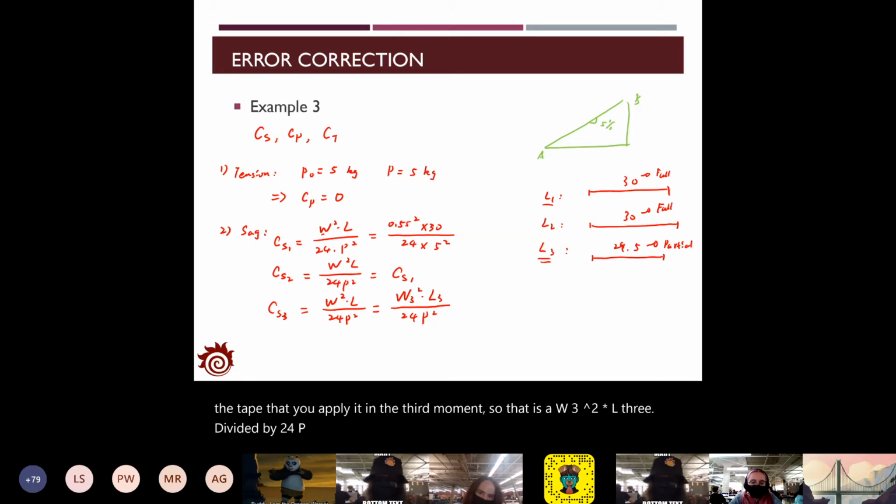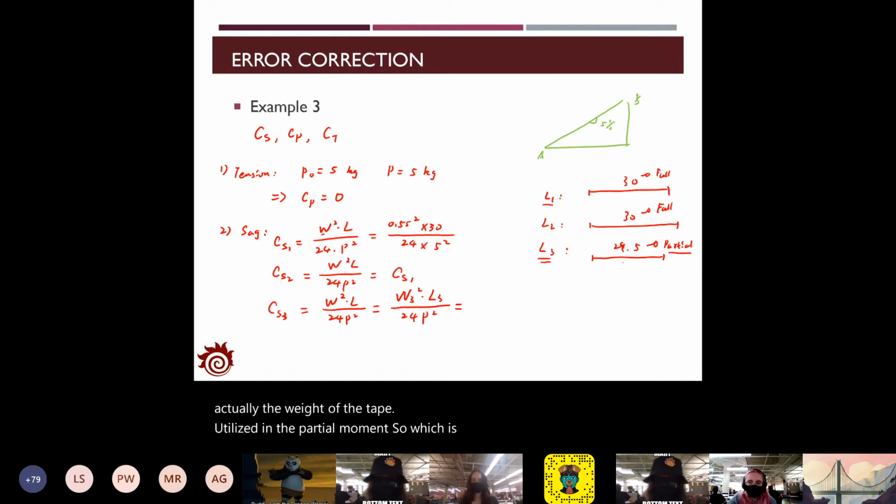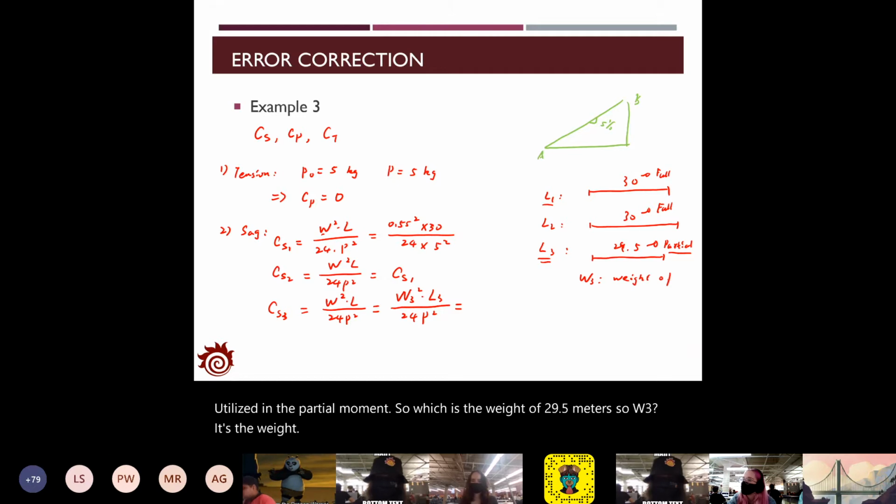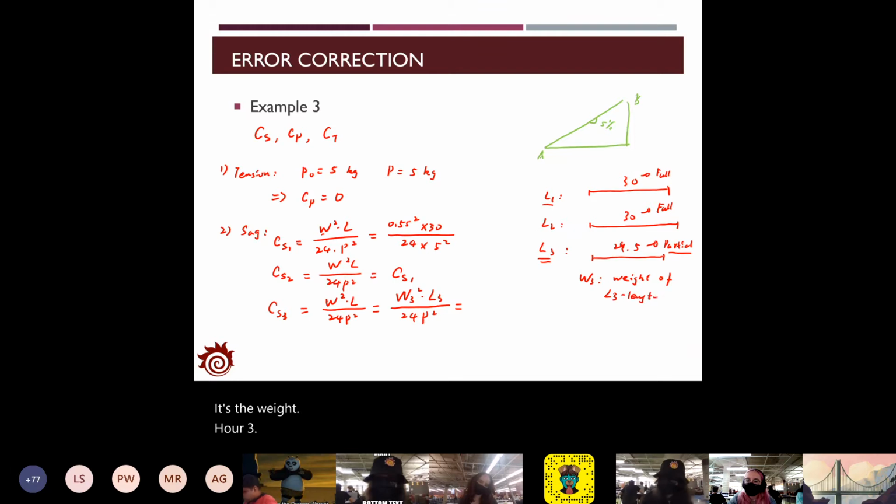The P is also set as 5 kilogram. So W3 is actually the weight of the tape utilized in the partial measurement, which is the weight of the 29.5 meters length of tape.